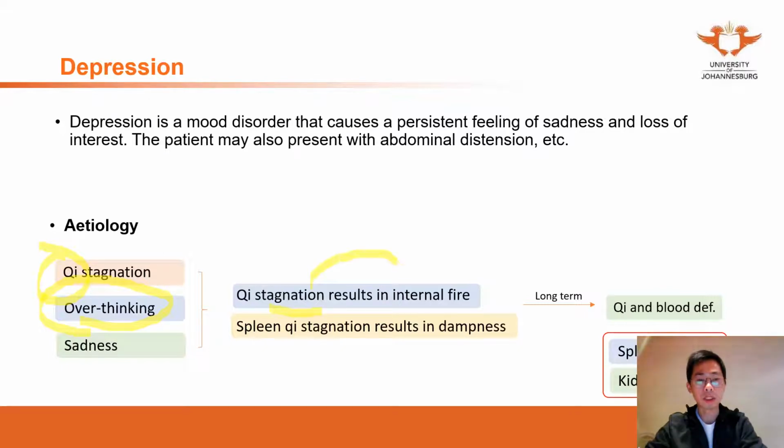Stagnation may result in internal fire. Spleen dysfunction may result in dampness. Long-term diseases may result in deficiency. So excess after a long term may develop into deficiency.